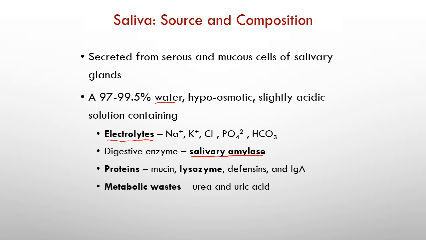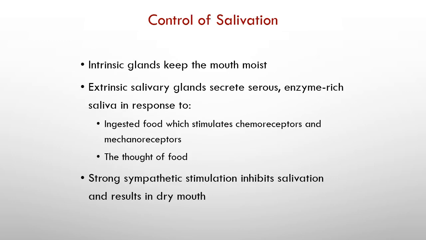That's our major nutrient that we start to break down at that point, so this is for starch breakdown. There are different types of proteins there, part of our immune response to things that may be happening inside the oral cavity. And just like other glands such as sweat glands, there are some metabolic wastes in there as well.